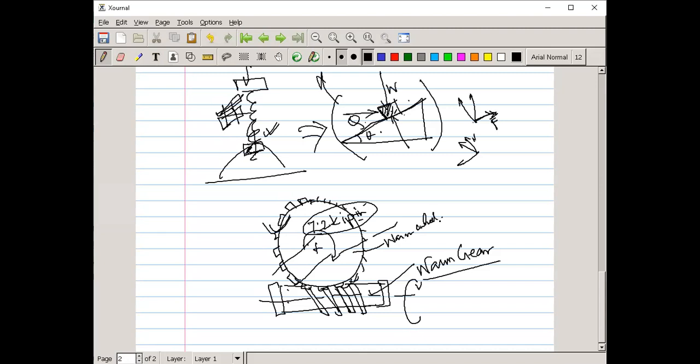Understand or not? The question is how much moment we have to apply on this worm gear, so that 7.2 kip-inch moment or torque is applied. Now it is understandable.